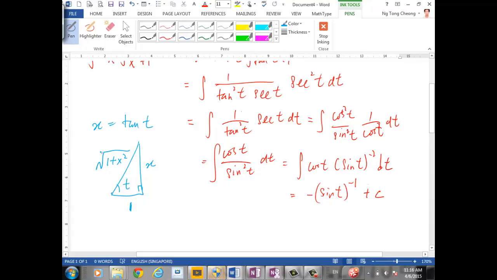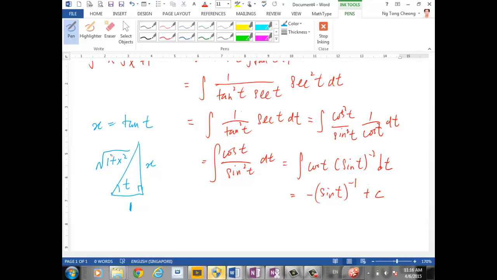Okay, so once you know the various lengths, you just look at the expression given here, sine t, right? So you want sine t. So what's sine t? Sine t will then just be x over this, and so on. So you just do the substitution, and you should be able to get the answer, right?